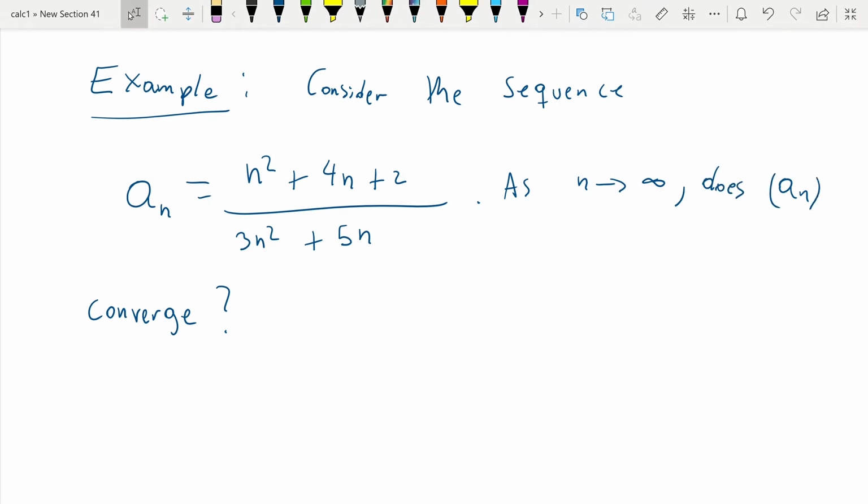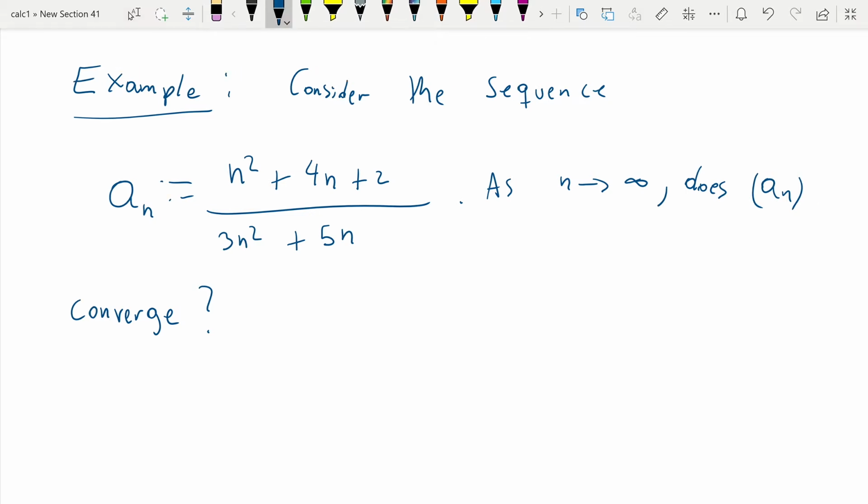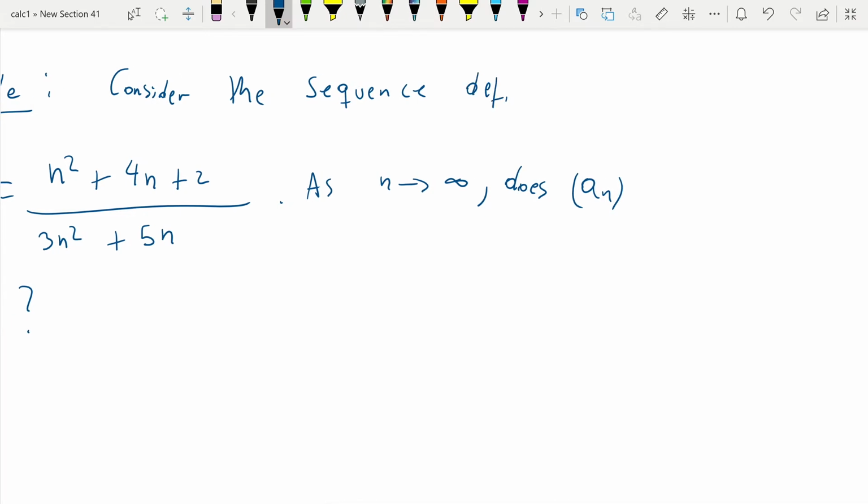Remember, we're using this for the sequence defined by this.